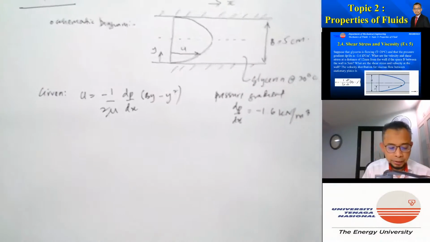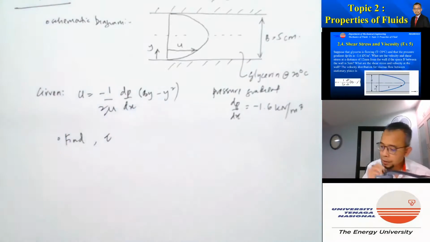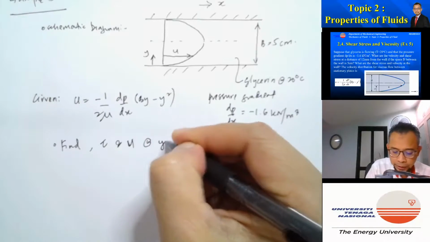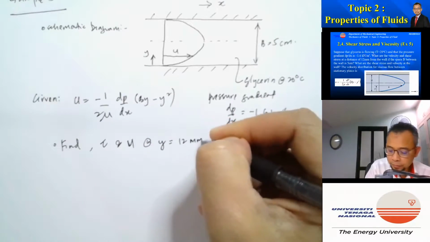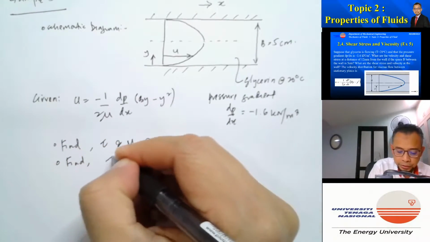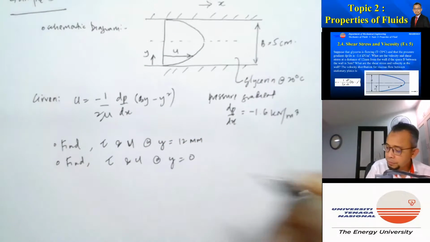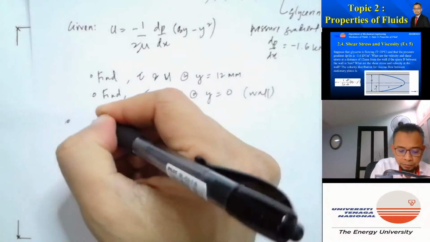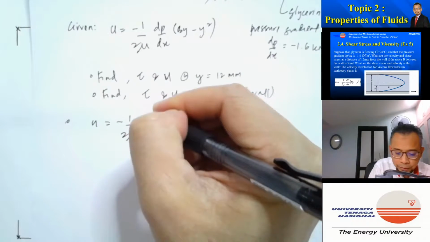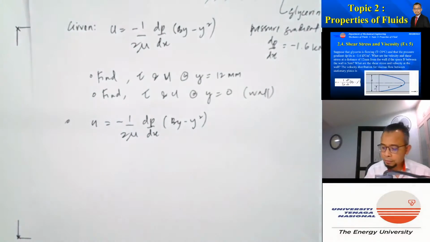So what are we asked to find? Find shear stress and u at y equal to 12 millimeter. Then also find shear stress and u at y equal to 0, at the wall.